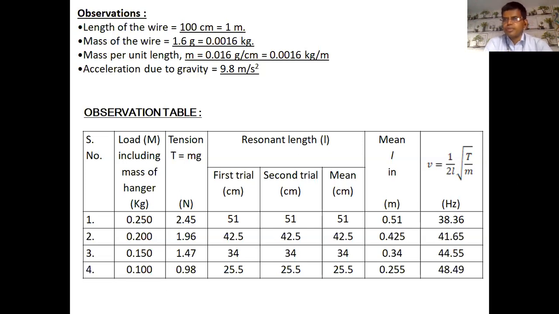Then after 0.150 against 34 centimeter, we convert to meter 0.34, and for 0.100 the length of the wire should be 25.5 in centimeter, in meter 0.255.